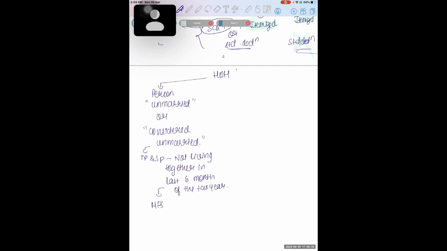And only for the purpose of HOH status, those taxpayer and spouse will be considered as unmarried. Got it? The first criteria was that the person should be unmarried.